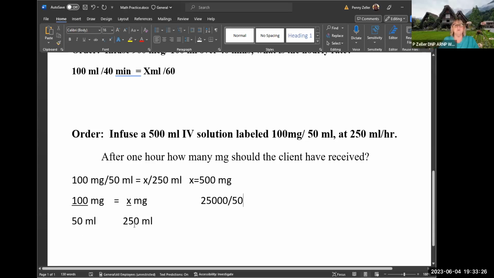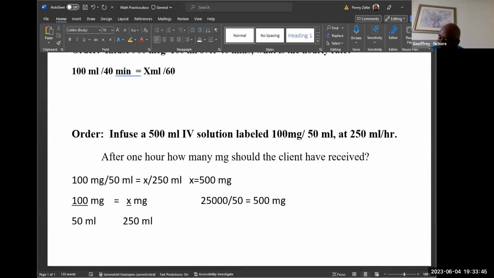But we're going to give her 250 mL, yeah. So it's 250 times 100 over 50 mL, right? Yes. It's 500 milligrams. So that's the answer? Yep. I would have gotten it right.